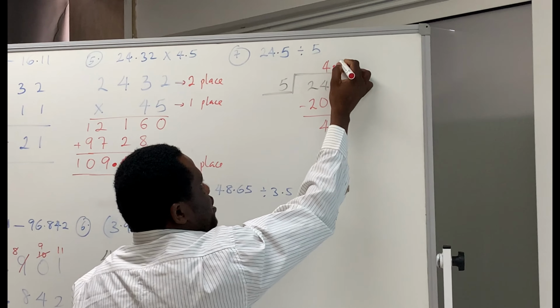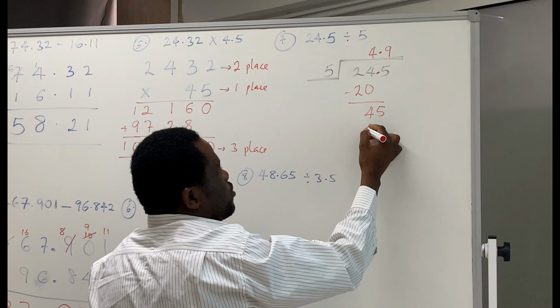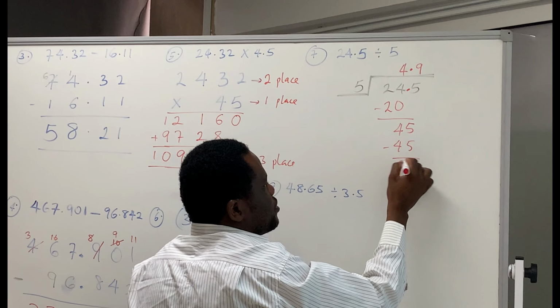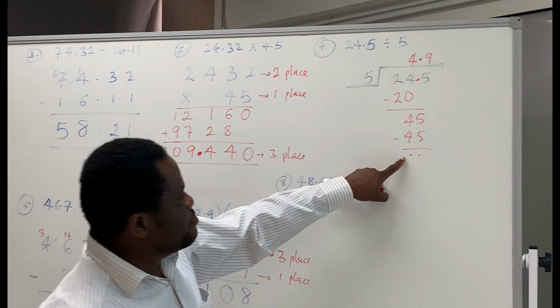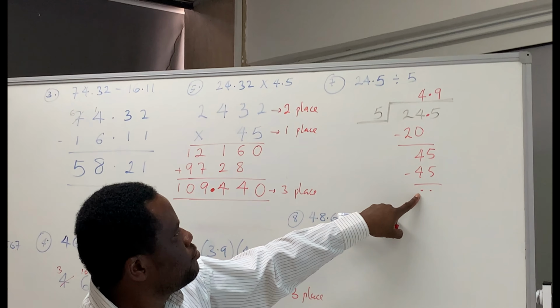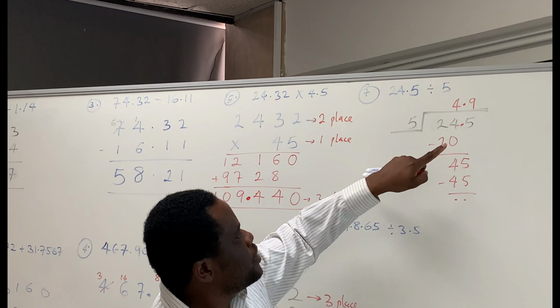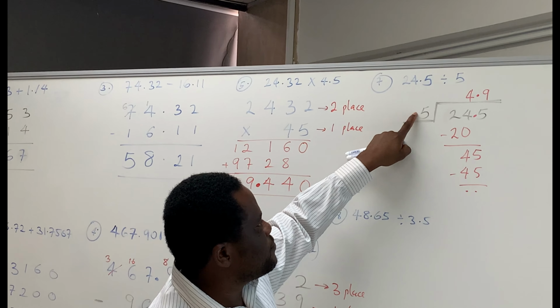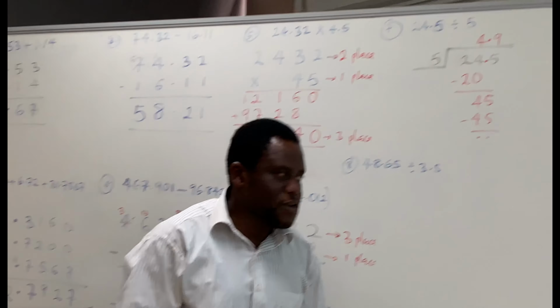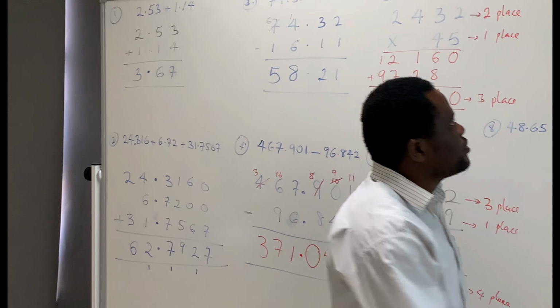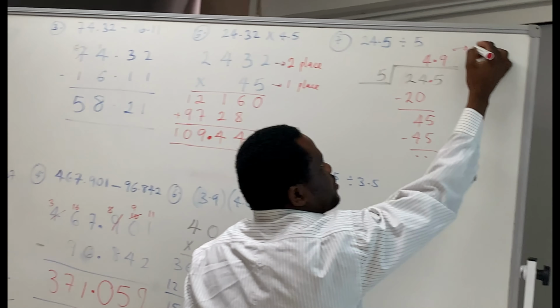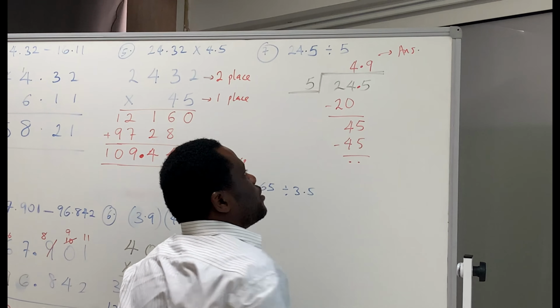So we write 9, multiply it, we have 45, minus it is 0. So the remainder is 0. Quotient is 4.9. Divisor is 5, dividend is 24.5. So which means the answer is what? Yes. Answer.